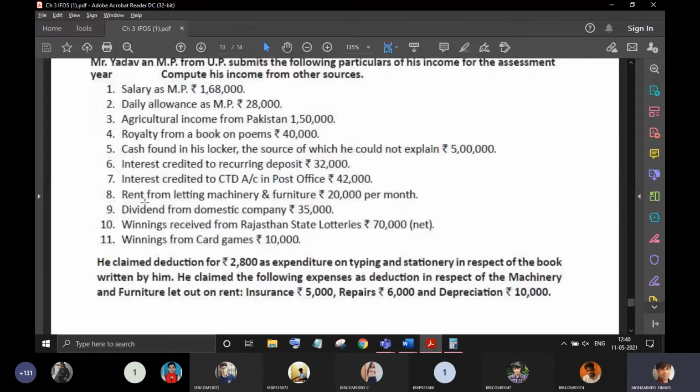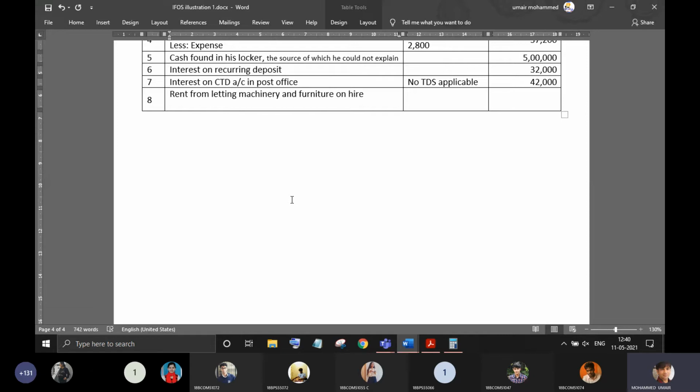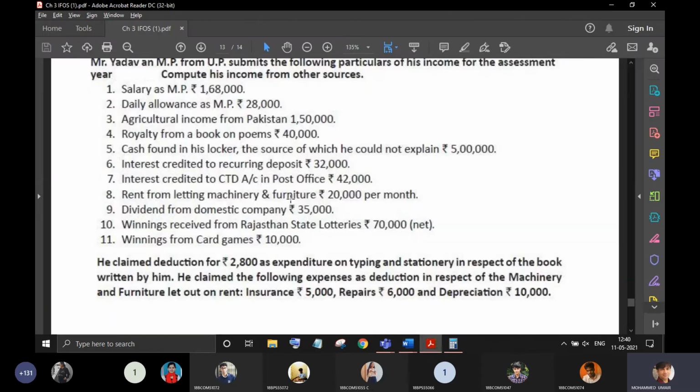Next, you have rent from letting machinery and furniture on hire. What's the income? $20,000 per month.